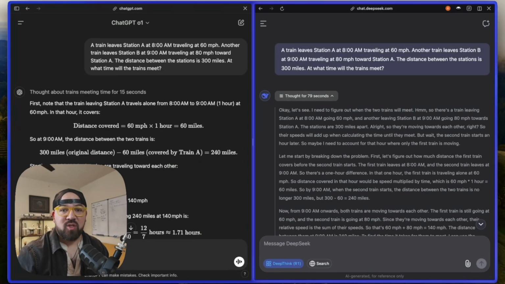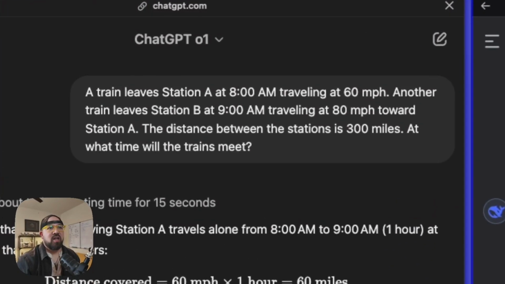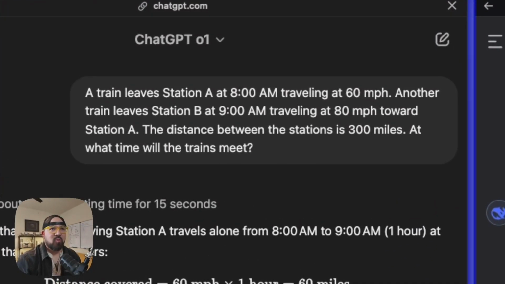Let's move on to the next one. The next question I asked was logical deduction. And the question is, a train leaves station A at 8 a.m. traveling at 60 miles per hour. Another train leaves station B at 9 a.m. traveling at 80 miles per hour towards station A. The distance between the stations is 300 miles. At what time will the trains meet?